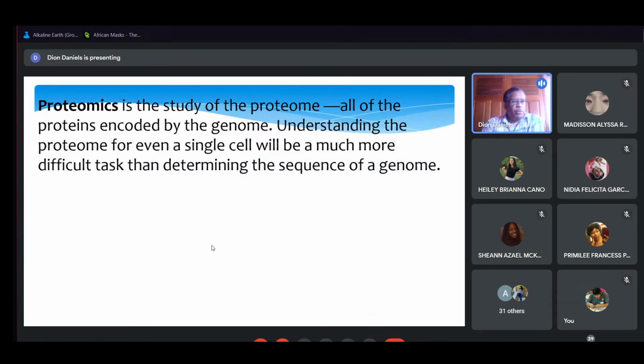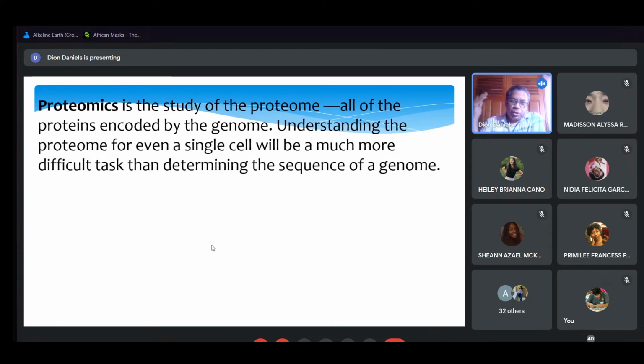Proteomics, all right? From the term, you know it has something to do with protein. So what is proteomics? It's the study of the proteome, and the proteome is all of the proteins encoded by the genome. Remember we talked about DNA replication, then transcription to RNA, and from RNA, translation to proteins.